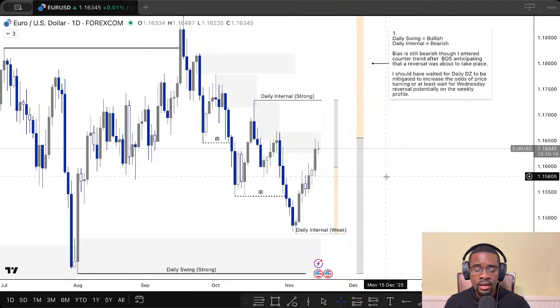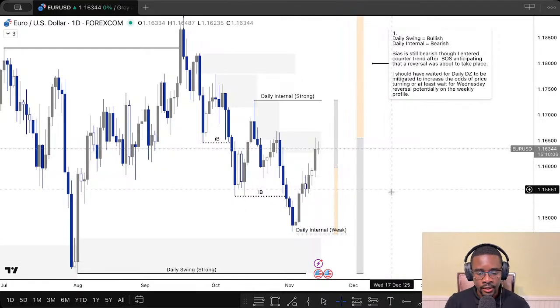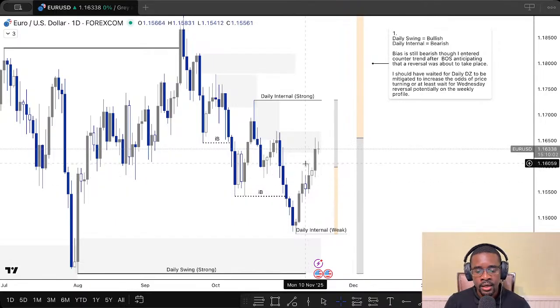Today's a Friday. Since Monday, price has been somewhat bullish, making higher highs on the daily time frame. Monday we had a high, Tuesday made a higher high, Wednesday had a lower high, and Thursday another higher high.